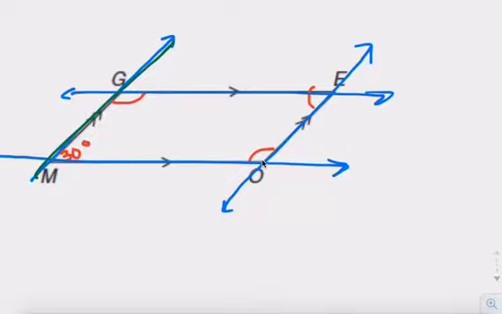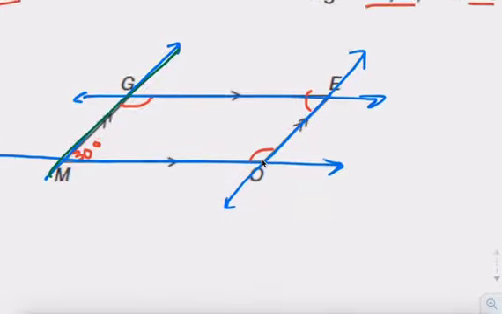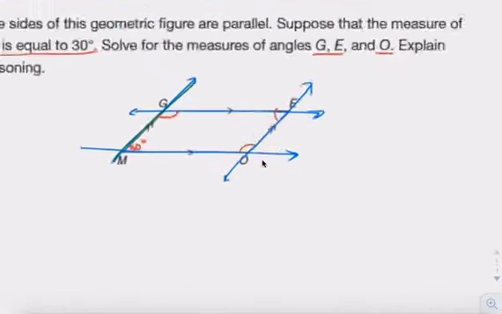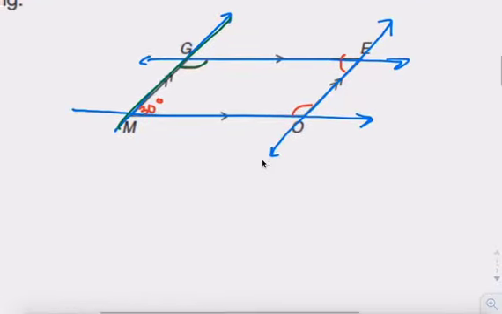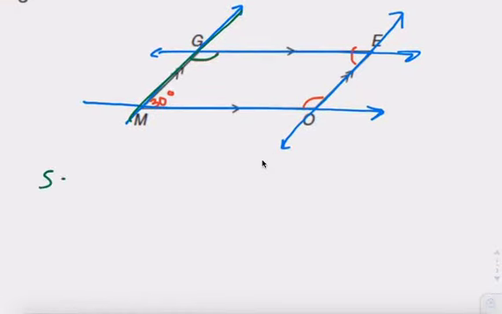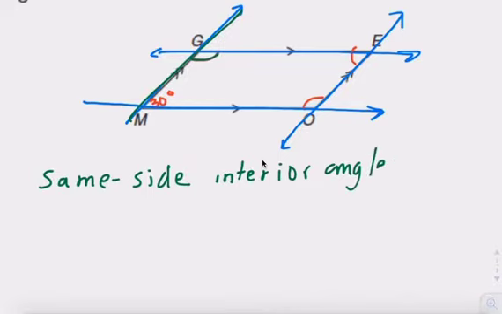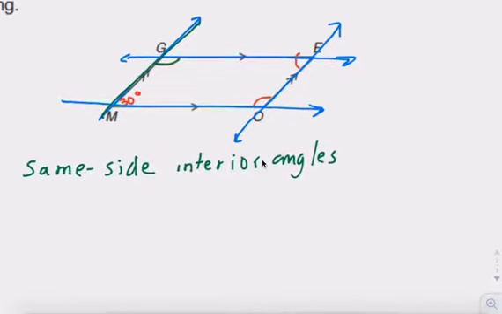Same side interior angles. It says explain your reason. Same side interior angles equal 180 degrees. So we can use that rule for this. We can use the rule of same side interior angle measures equal 180 degrees.